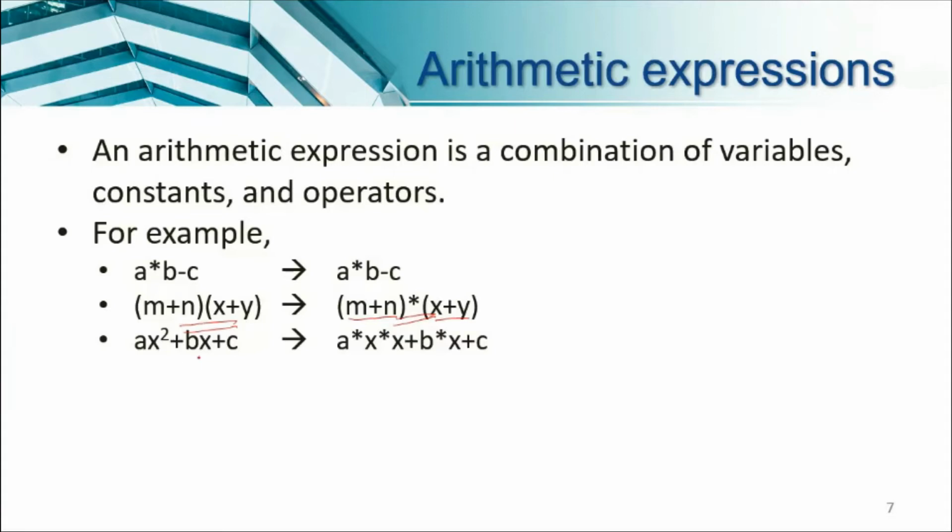Then a x squared plus b x plus c can be written in C programming like this: a star x star x, so a into x into x, that is a x squared. Then b into x, so b star x, plus c. That is how arithmetic expressions are entered in C programming.